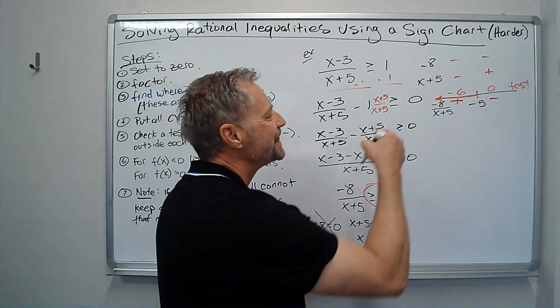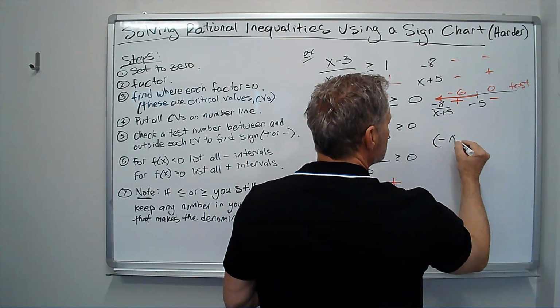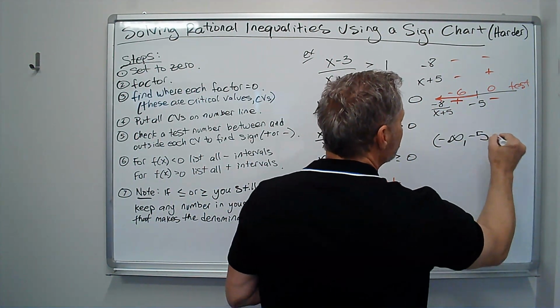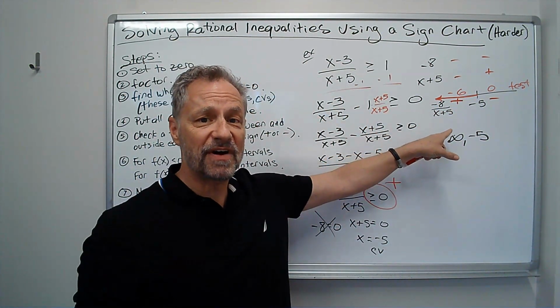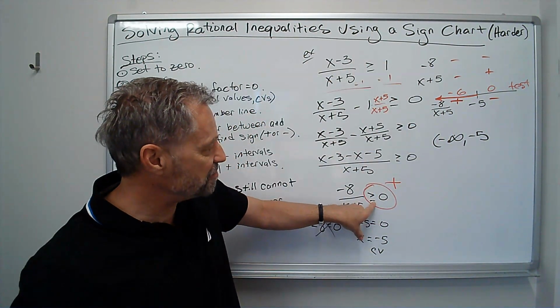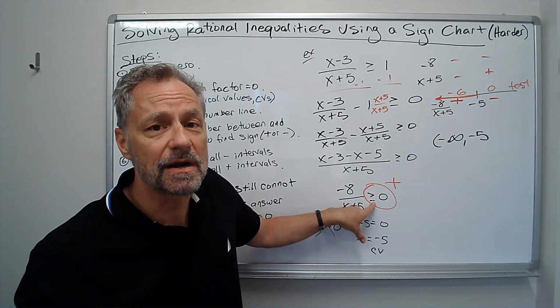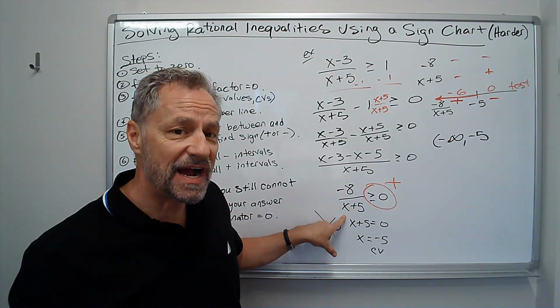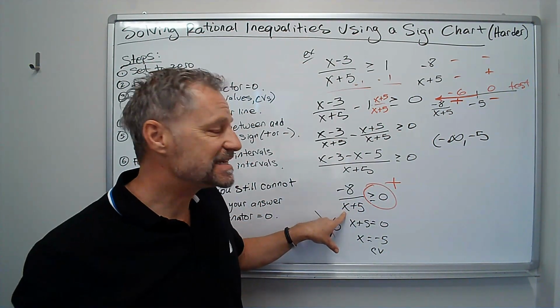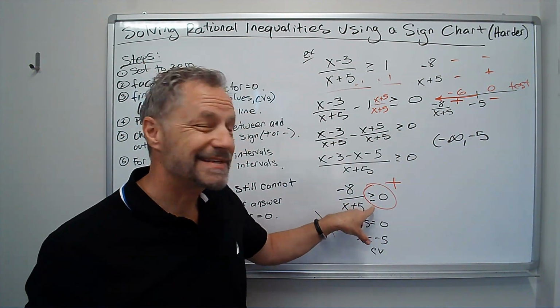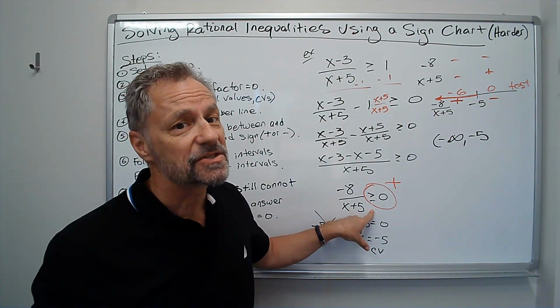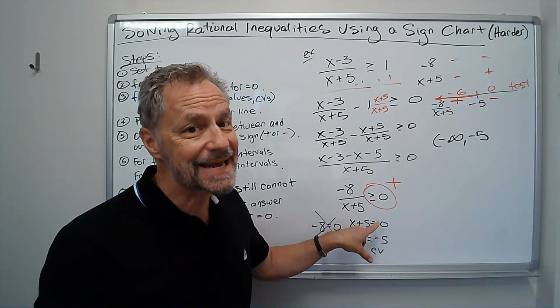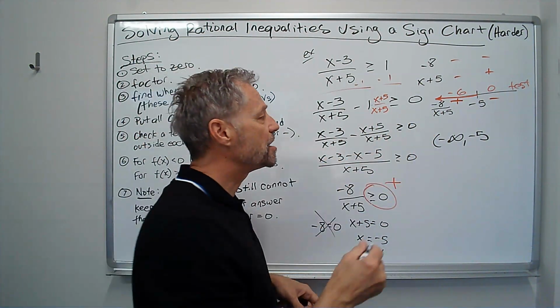That's negative infinity all the way to negative 5. And can I keep the negative 5? You may say, well, yeah, Professor Monte, there's an equal there. But notice if I plug in negative 5 here, it's negative 8 divided by 0. That's not equal to 0. That's undefined. So even though I have the equal there, I can't keep it because it made the denominator 0.